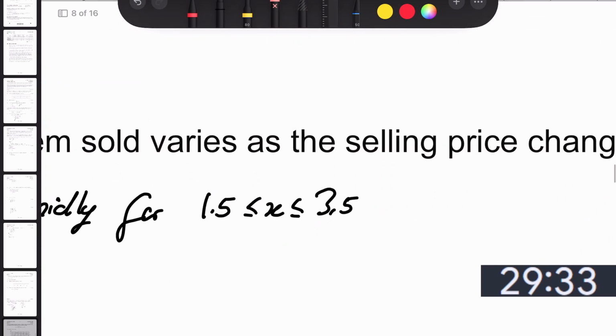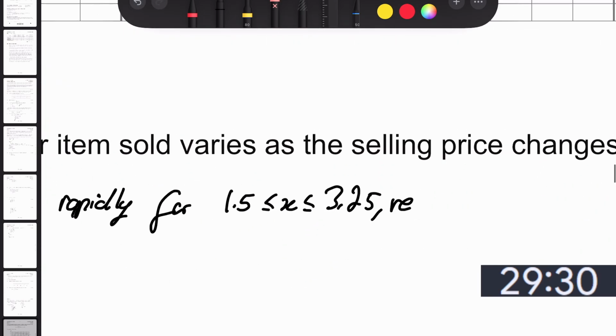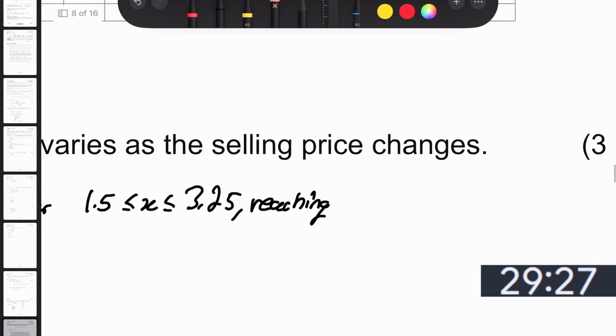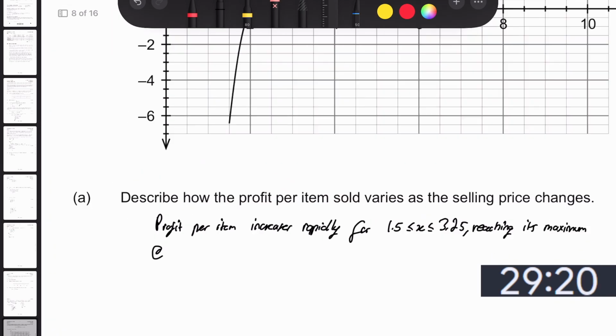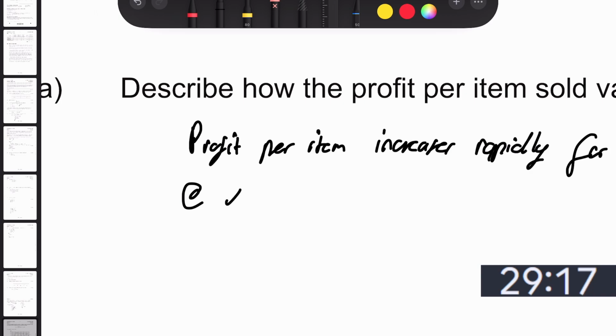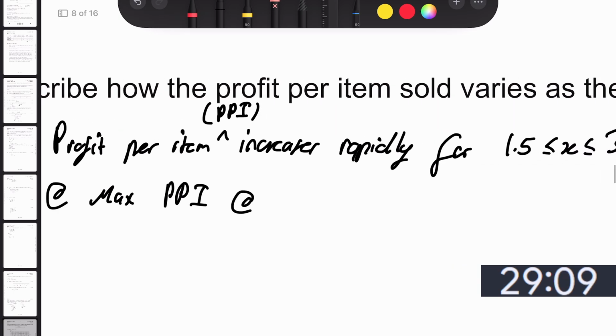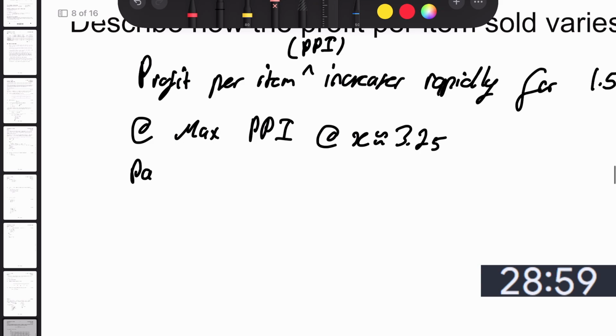Oh no, 3.25, reaching its maximum at max profit per item. Let's call it PPI. At around x equals, x is about 3.25, past x equals 3.25.